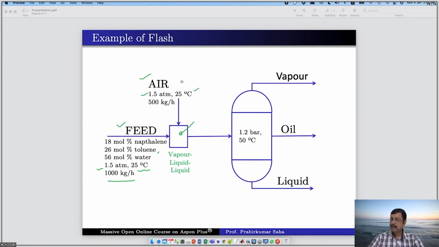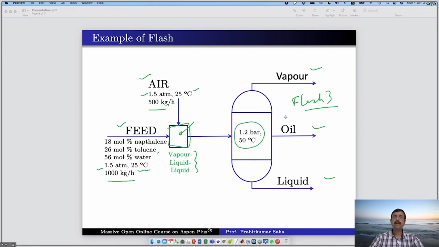Its flow rate is 500 kg per hour. They are mixed into a tank with vapor, liquid, liquid equilibria, and that is fed into the flash. You can understand this is flash 3 because you have vapor, liquid and liquid. The flash condition is 1.2 bar and 50 degrees centigrade.